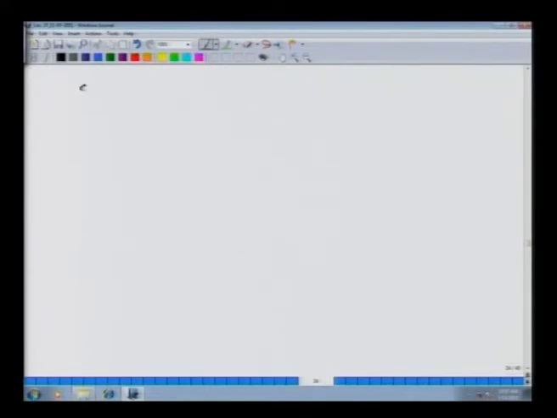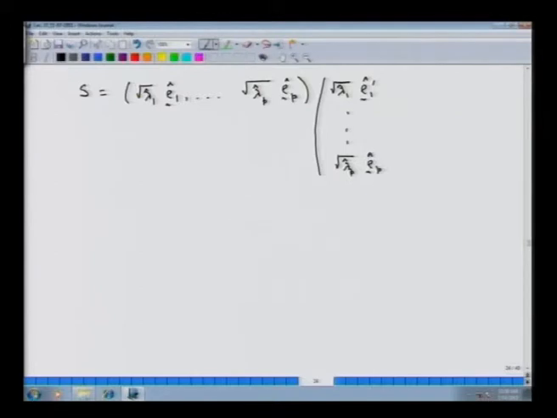Let us look at how we had defined S through the eigenvalue eigenvector pairs. S as it was defined is the matrix with columns square root of lambda 1 hat e 1 hat up to square root of lambda p hat e p hat, multiplied by its transpose.